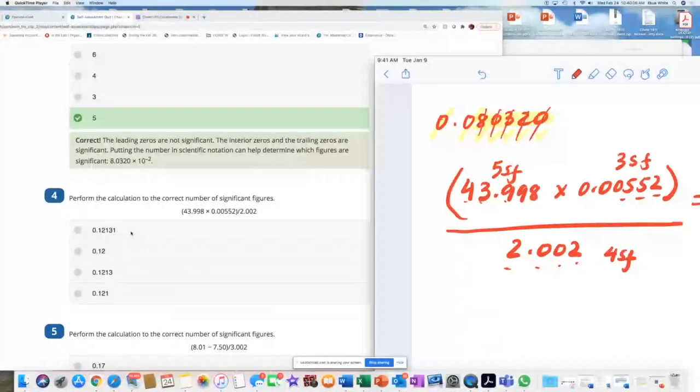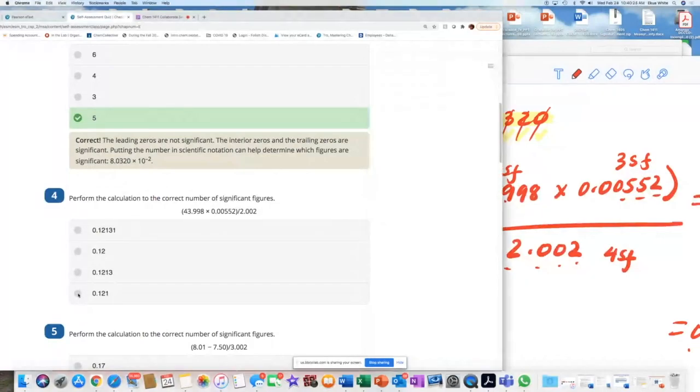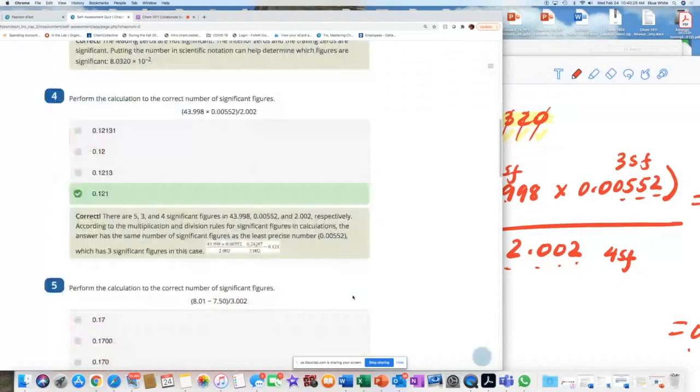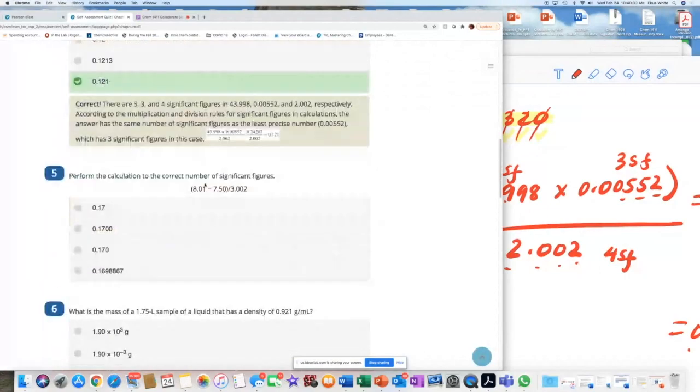Divide by 2.002. My answer is 0.1213. My answer has to be rounded to 3 sig figs. So this stays, this stays, this one drops off, right? So I'm thinking it's this last one. Yeah, that last one.